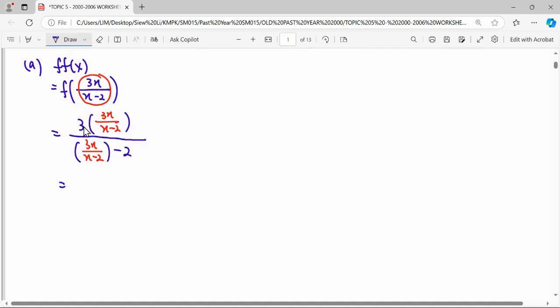For the numerator, we expand. This is 9x over x minus 2. Divide. For the denominator, we make it the same denominator, x minus 2. This is 3x remaining, and we make this denominator x minus 2 as well. So this denominator will be times x minus 2.